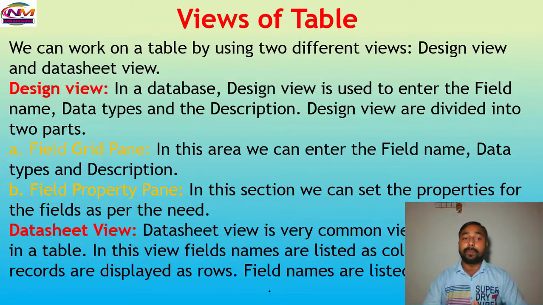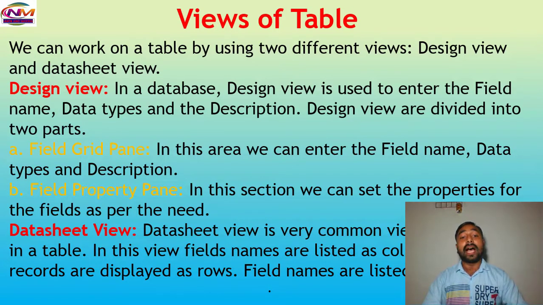There are two different parts of design view: one is called the field grid pane and another is called the field property pane. I will show you practically how to view both the design view as well as the datasheet view. Datasheet view is a very common view to enter data in a table. It's just like an Excel sheet, which we learned in the previous class.